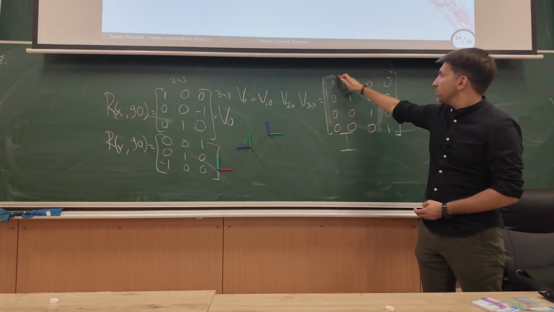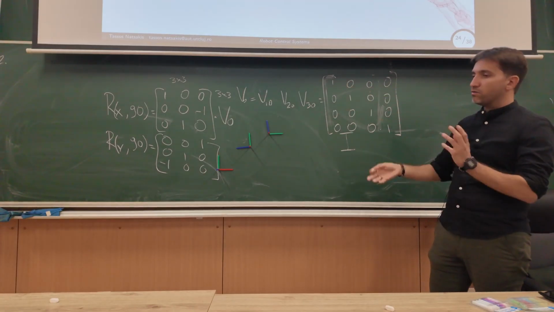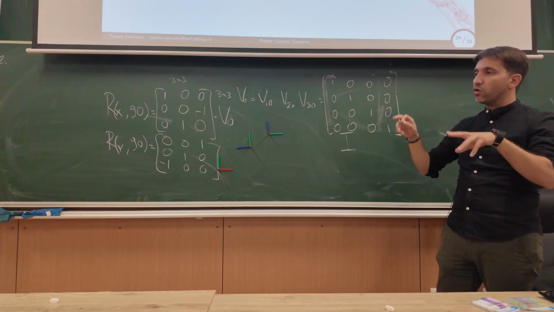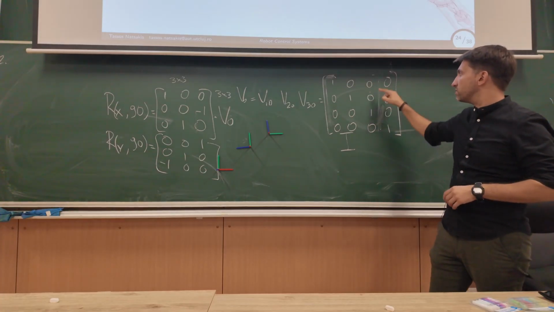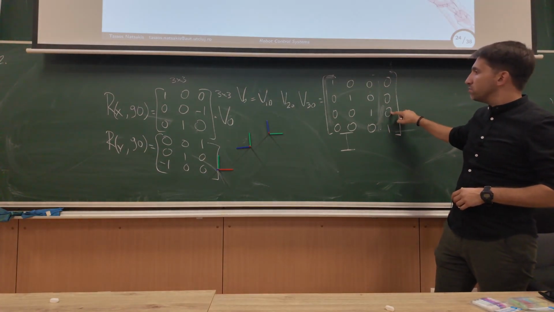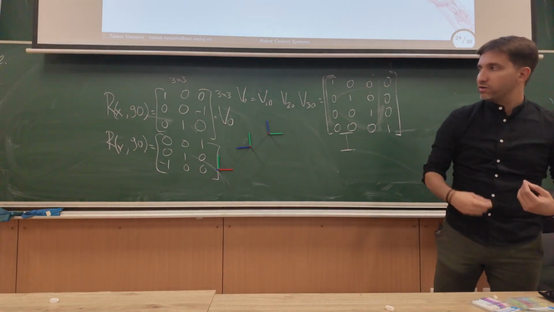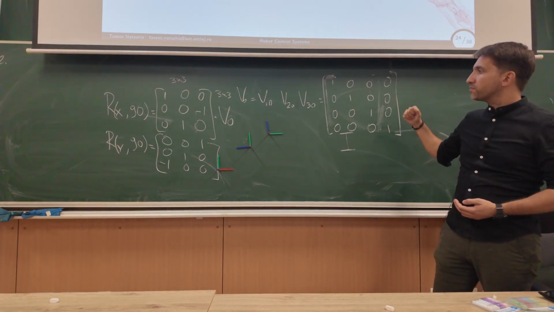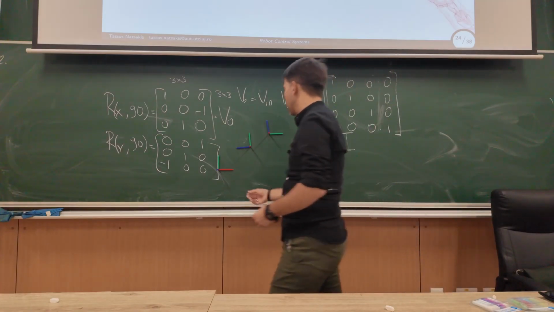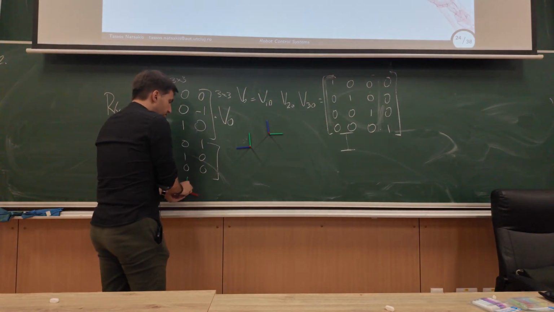And here we have the orientation part expressing how the three vectors are, the coordinates of the three vectors with respect to the reference frame. And these three numbers would be the position of the origin of the new frame with respect to the reference frame.